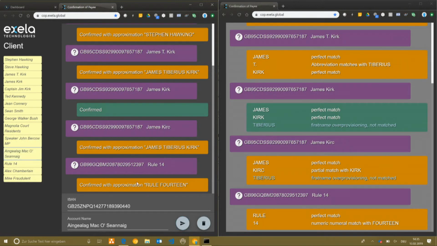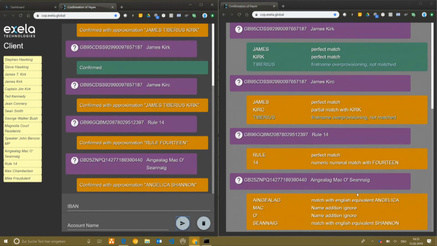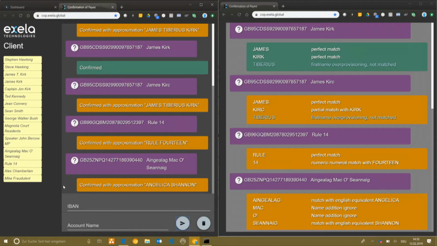Or here, this is actually, I don't want to pronounce the name because it's Gaelic, and if I query this, oh, it's a Gaelic Shannon. So we have the name part ignorers, and therefore we can make sure that with rules we can accept the name, although it's not very exact. One reject can cost 12 to 25 pounds, and that can get very expensive for a bank if they have too many of those.